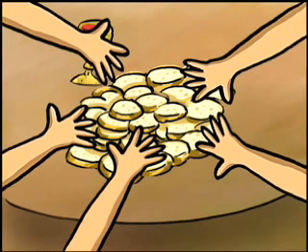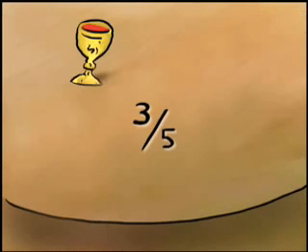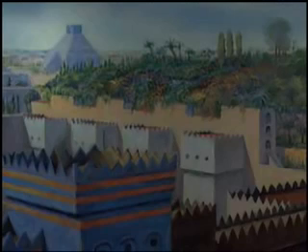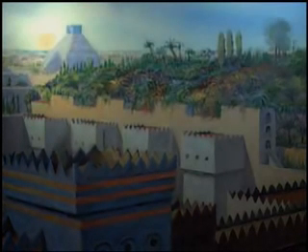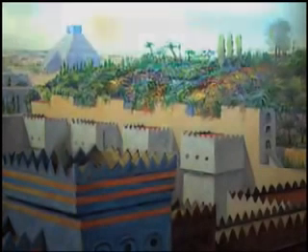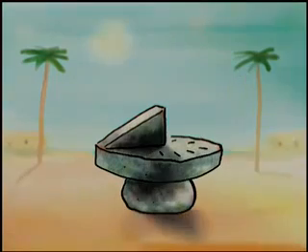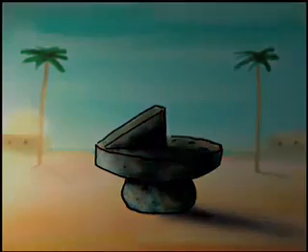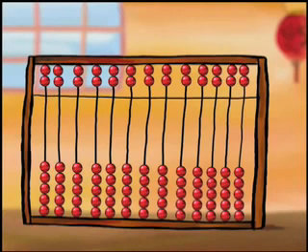Today, we would represent this sharing with the fraction 3/5, 3/5 of a loaf for each person, or 3 loaves divided by 5 people. The Sumerians and early Babylonians invented a number system of fractions based on 60 that we still use 4,000 years later. Our days have 60-minute hours and 60-second minutes, and our circles encompass 360 degrees. Chinese societies used an abacus with a system based on tens, although it had no 0.